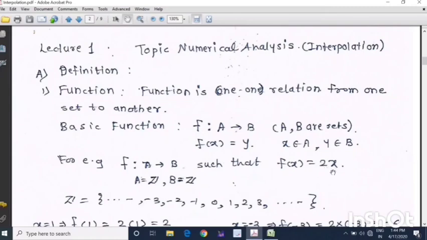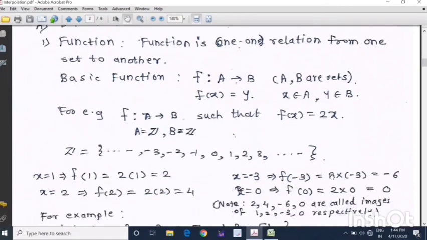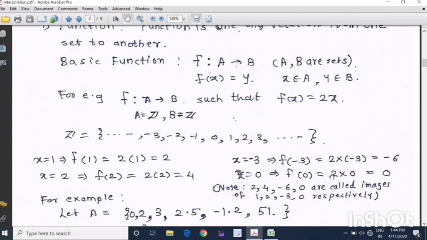So let us see how we can find the value of the function at various values of x. Here I have taken as an example some 4 values. Let x equal to 1. Wherever there is x in the definition of f(x), we will put x equal to 1.